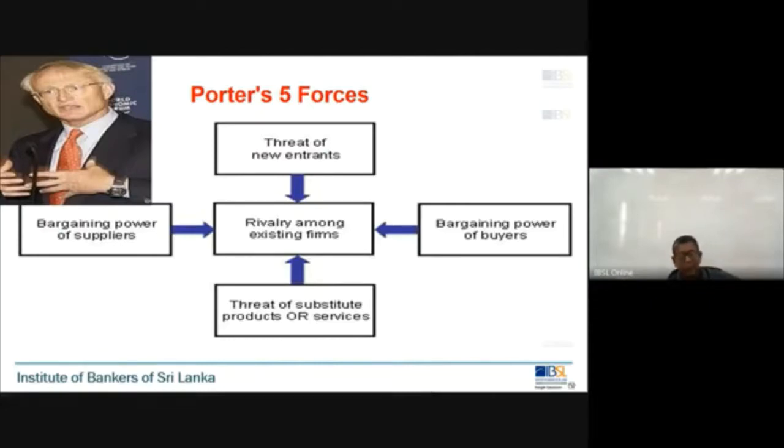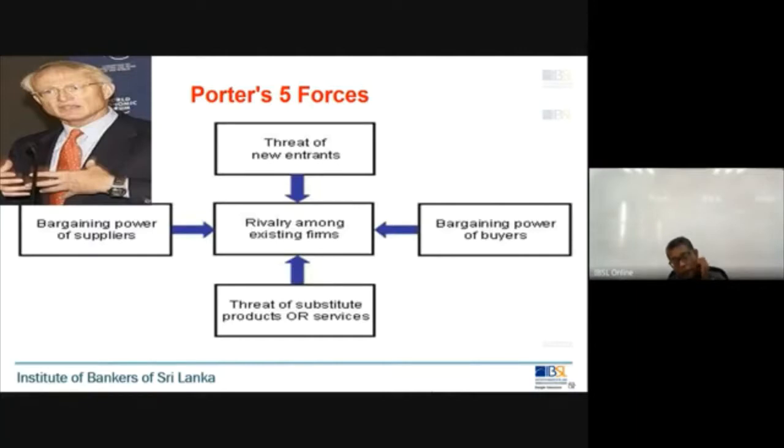That means the competition you face from other similar banks, like, for example, Bank of Ceylon. You have competition from People's Bank, Commercial Bank, Sampath Bank. It's a rivalry among existing firms.